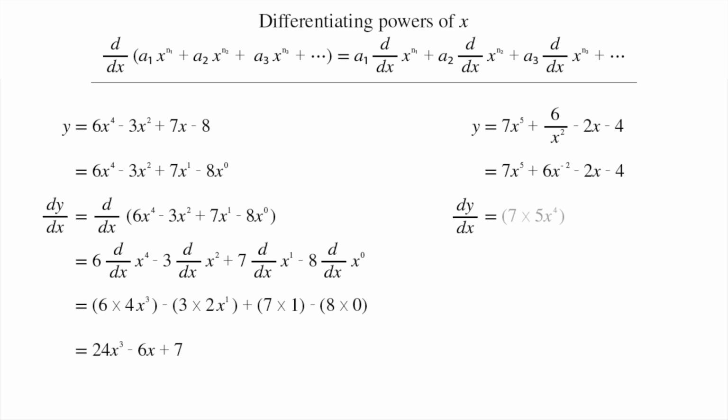So we get 7 times 5x to the 4 plus 6 times minus 2x to the minus 3. Then we have minus 2, the x just disappears. The constant term minus 4 also disappears. This equals 35x to the 4 minus 12x to the minus 3 minus 2.